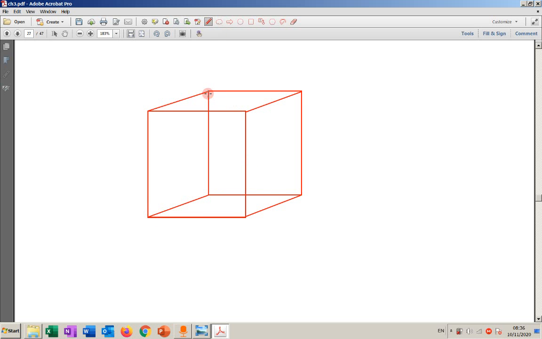So the plane that we had, it was something like this.